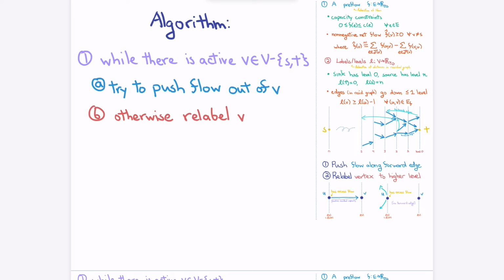Instead of finding a whole path and sending flow along a path, you're just sending flow along one edge at a time, or you're bumping things up. In fact, this algorithm has a reputation for being very performant in practice, maybe because the elementary operations are so simple. You don't have to traverse a whole graph to send some minuscule amount of flow and things like this. Okay. All right, so good.